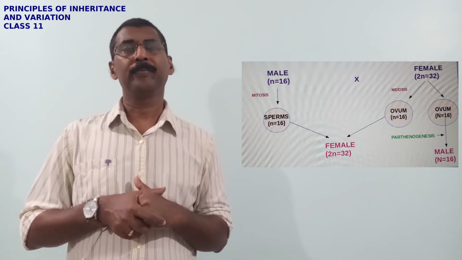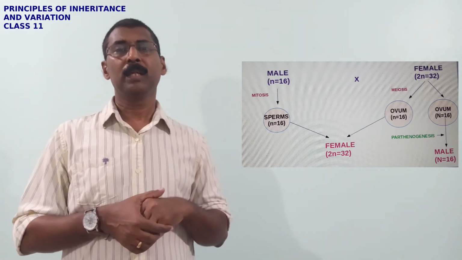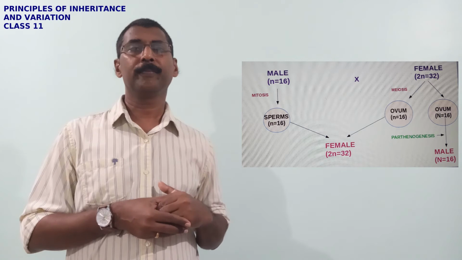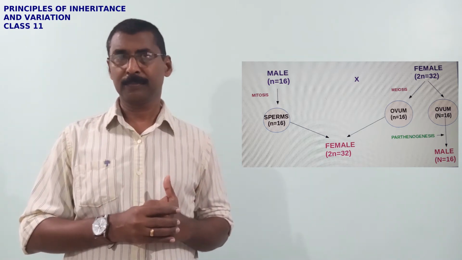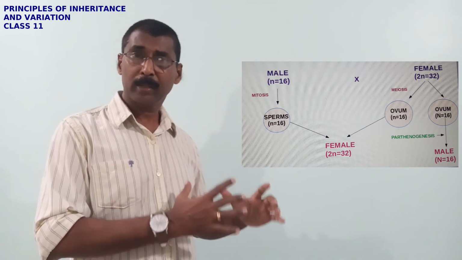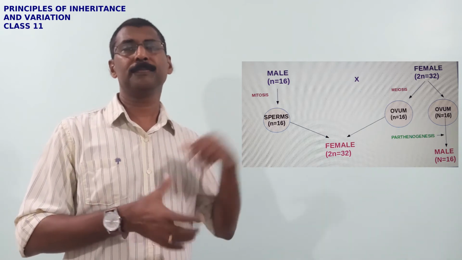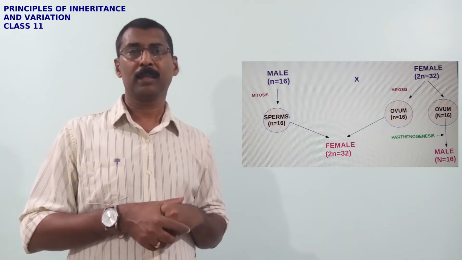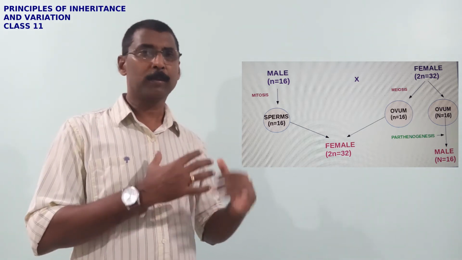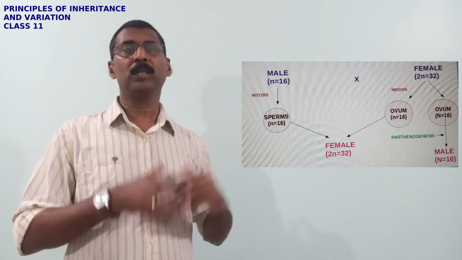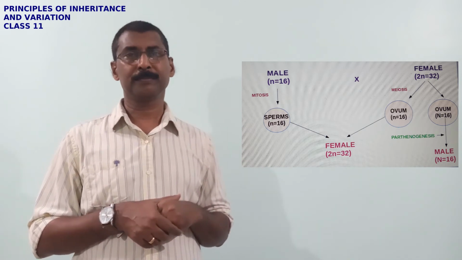And the females have 32 chromosomes and they produce ova by meiosis. So ova are also with 16 chromosomes, because by meiosis the chromosome number is reduced to half, and all the ova produced are with the n number of chromosomes, 16.